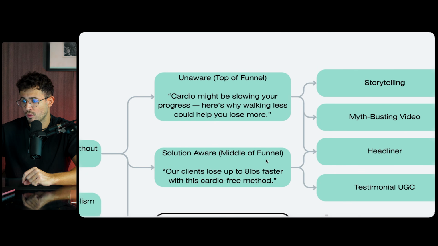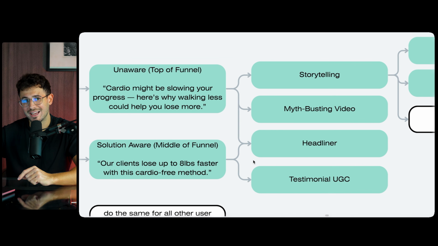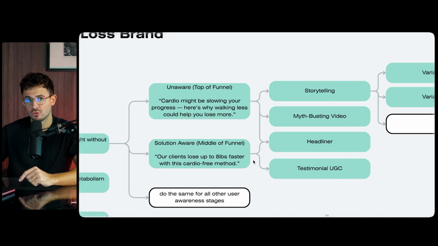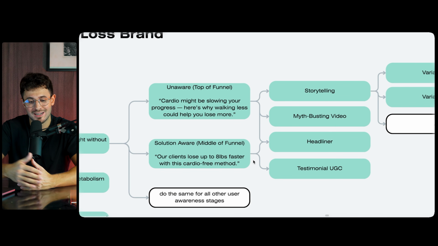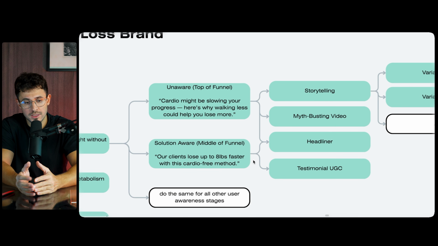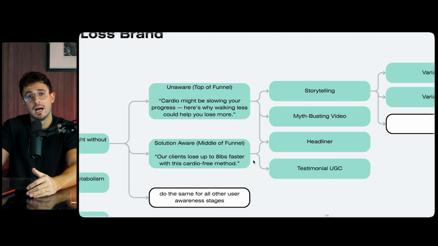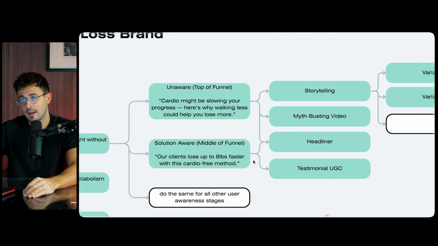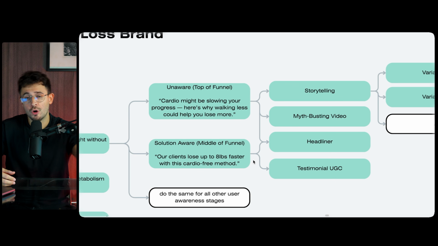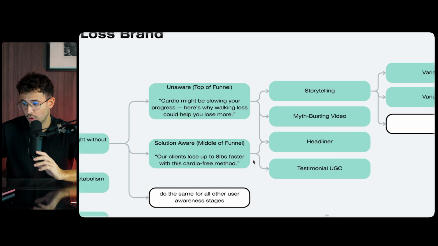Now you need to decide which ad concept you want to use to deliver the specific message, because some ad concepts work better for specific angles at different user awareness stages, compared to other concepts that work better for top of funnel, unaware audiences.